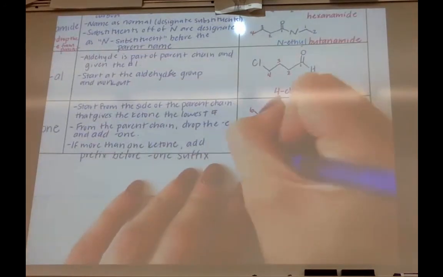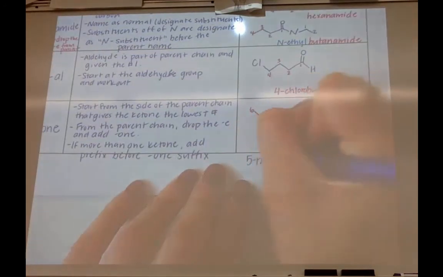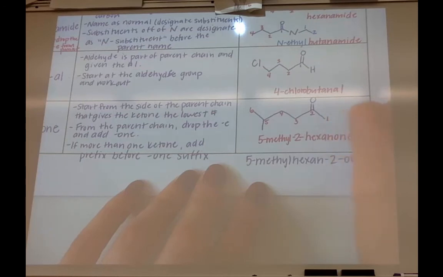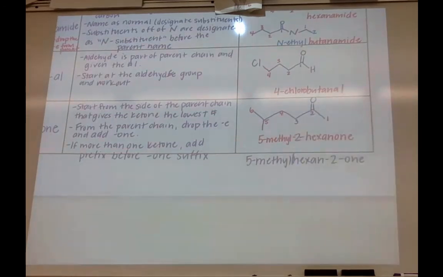Here's what that would look like. It would be 5 methyl hexan 2 O. Alright, 5 methyl hexan 2 O. No space between the methyl and hexane.